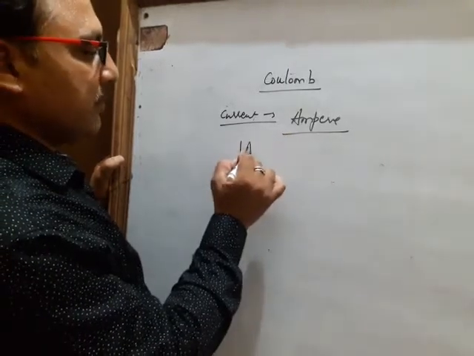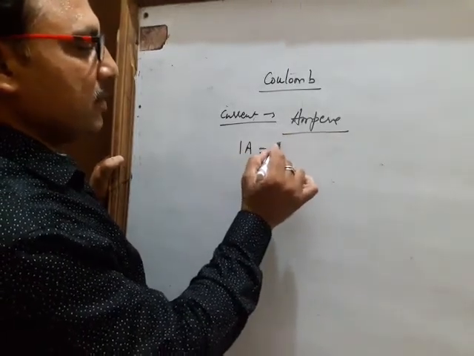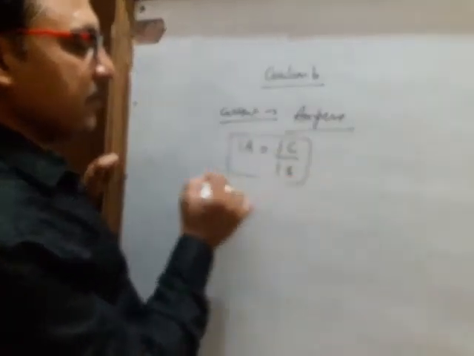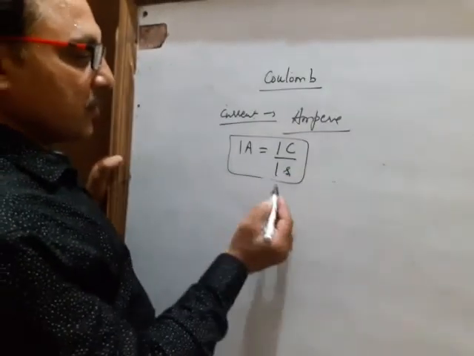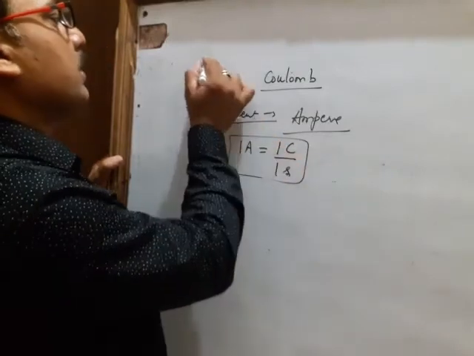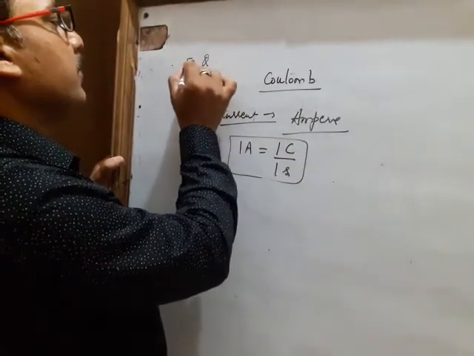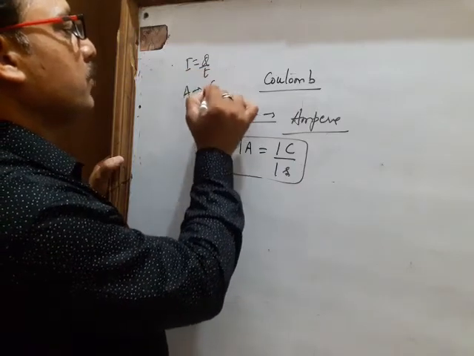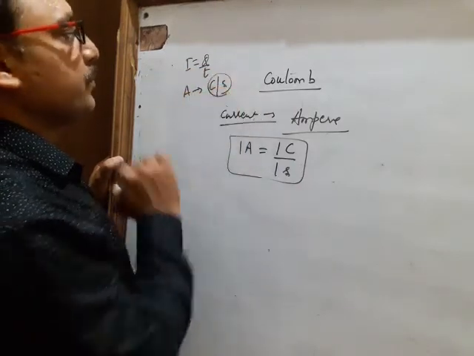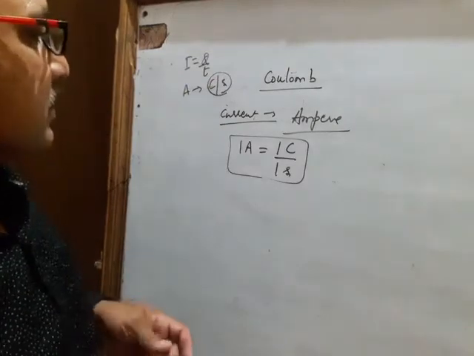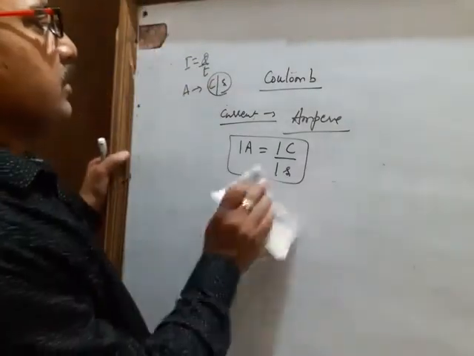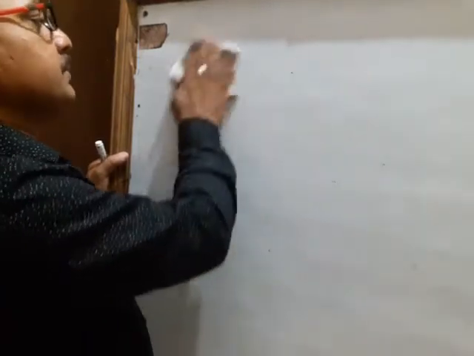So 1 ampere is equal to 1 coulomb upon 1 second. Or you can say from the formula I equal to Q upon T, ampere has been made from coulomb upon second. Okay, so this is ampere, the SI unit of electric current.